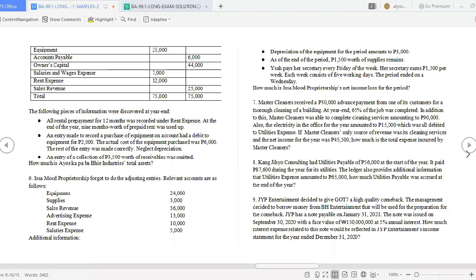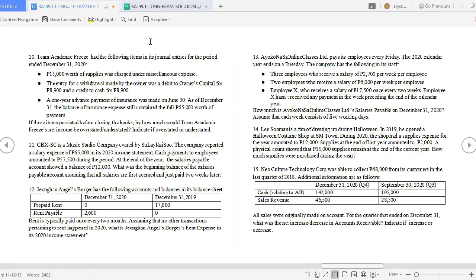Next, let's proceed to number 10. So team academic freeze had the following items in the journal entries for the period ended December 31, 2020. So 15,000 worth of supplies charged under miscellaneous expense. Bullet 2, entry for a withdrawal was the debit owner's capital for 8,900 and credit to cash.